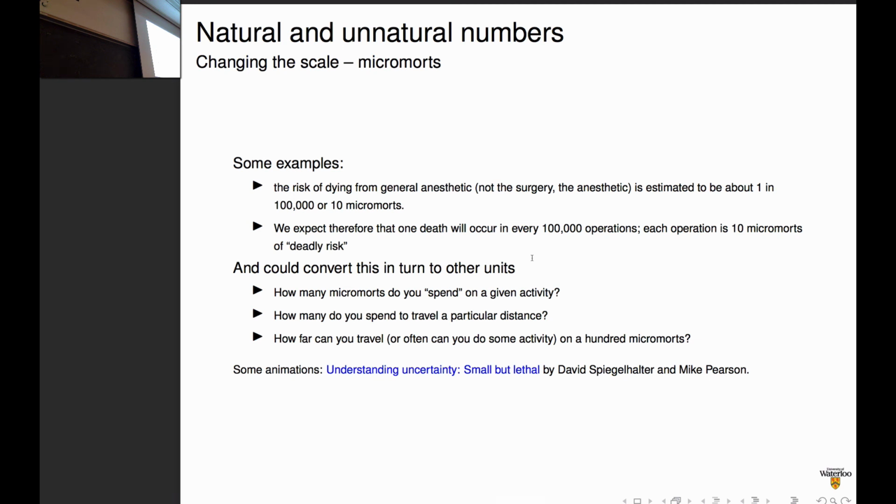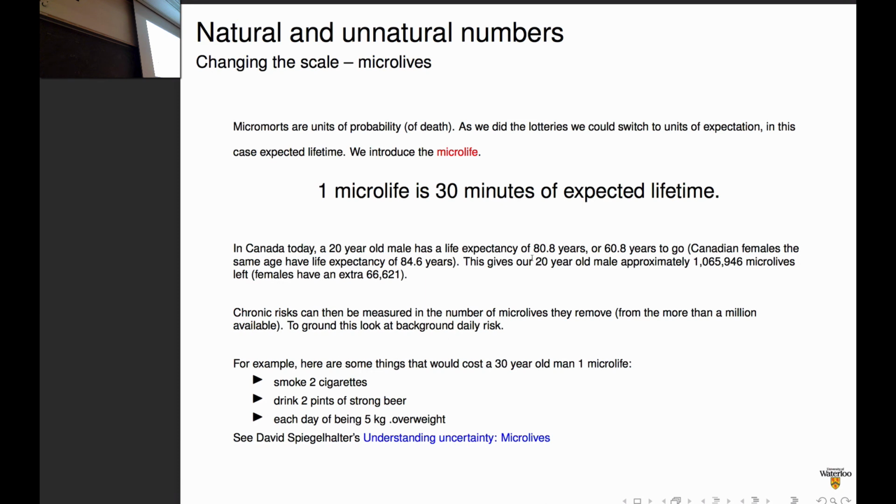Another way to think about this, and this one's a little more complicated, and I encourage you to look at the web page, is thinking about microlives. We all have an expected lifetime, under other circumstances, but let's just say conditional on sex. The notion is that a microlife is about 30 minutes of that expected lifetime.